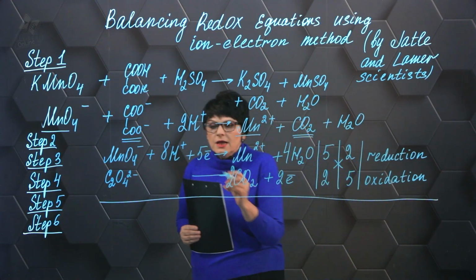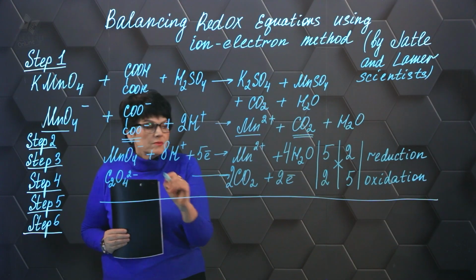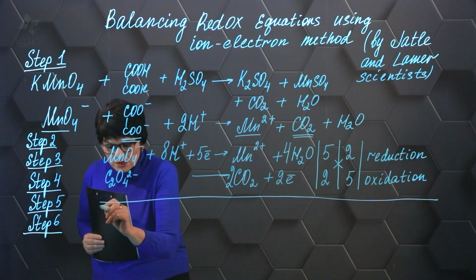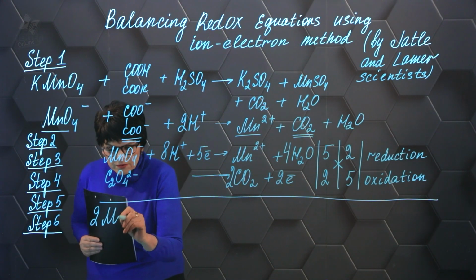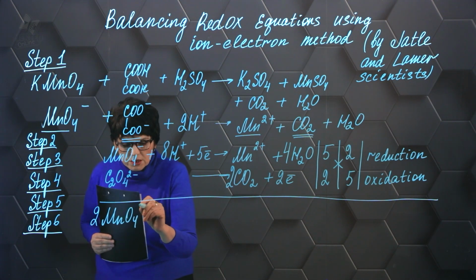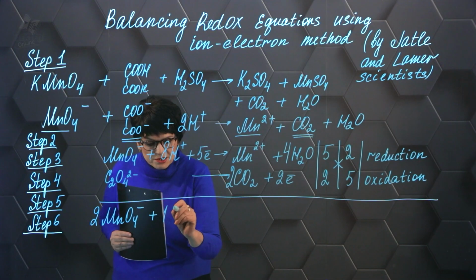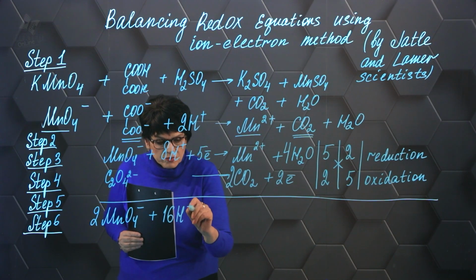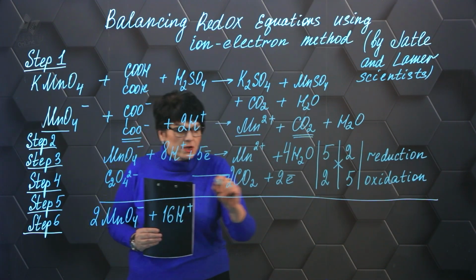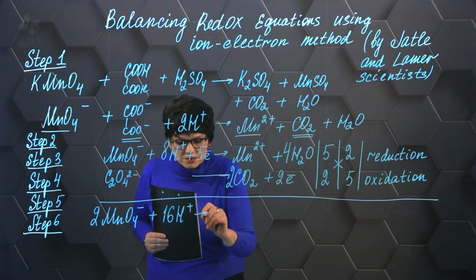We multiply the first equation by a multiplier of 2. We get 2 MnO4-, plus 16H+. The second half reaction is multiplied by 5, so we get 5 C2O4 2-.